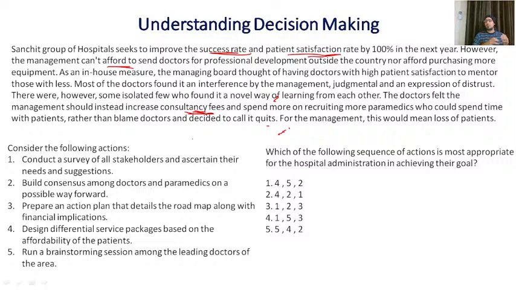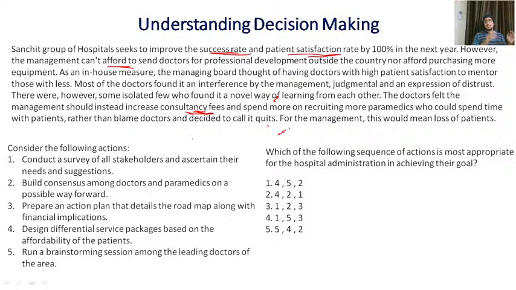Paramedics is what? Helping hands to the doctors, nurses and all. Hire more of them, have them with the patient so that the patient always feels personalized, that yes, I am being looked after by someone. So do not blame us, because we are doctors. We of course cannot be with patients all the time. You hire more paramedics who can be with these patients and can help them fulfilling their needs. So this is what they proposed.